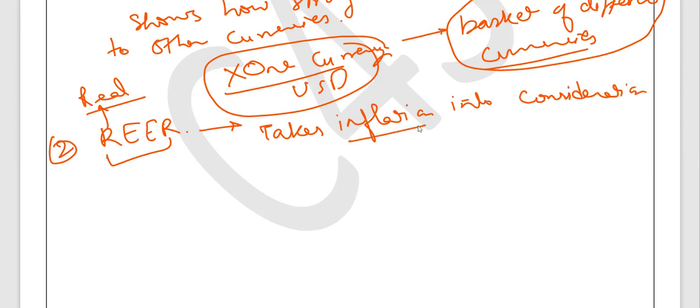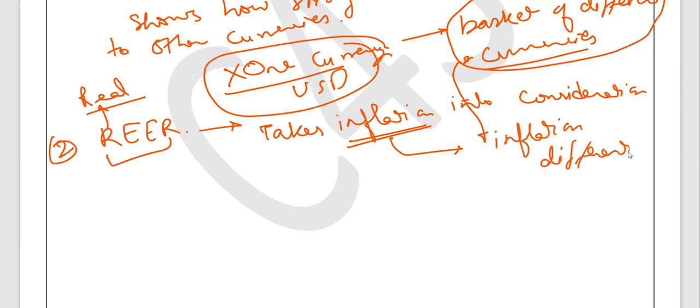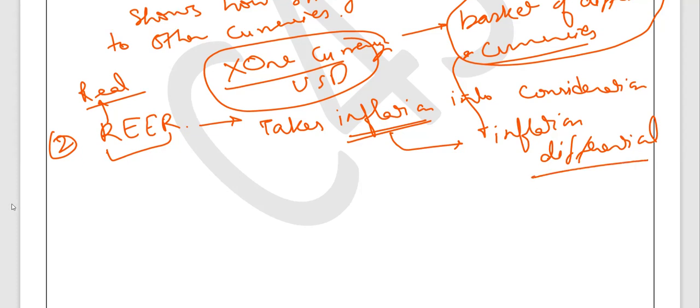So not only the inflation of a particular country, but inflation going on in other countries also. Basket of currencies we are taking here. So inflation differentials are taken into account in order to find out which currency is appreciating or which is depreciating.